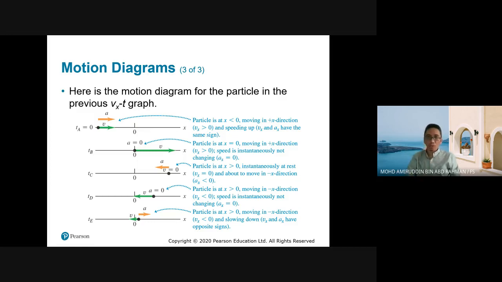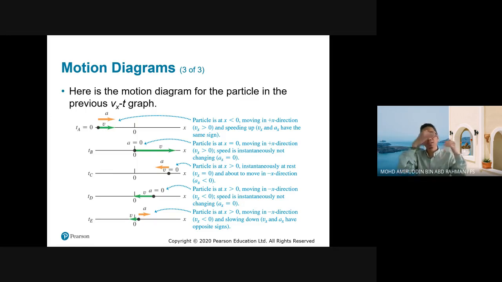If the curve is going up above the line, the acceleration will be positive. If it lies on the line, the acceleration will be 0.